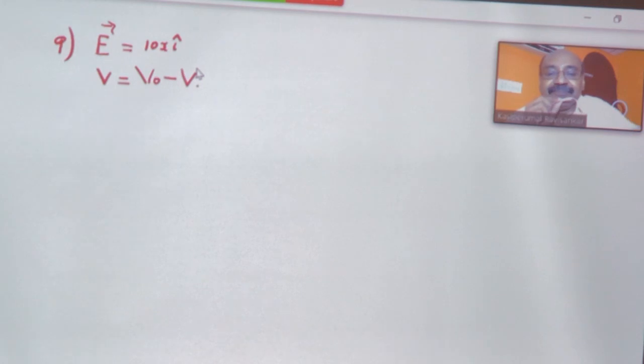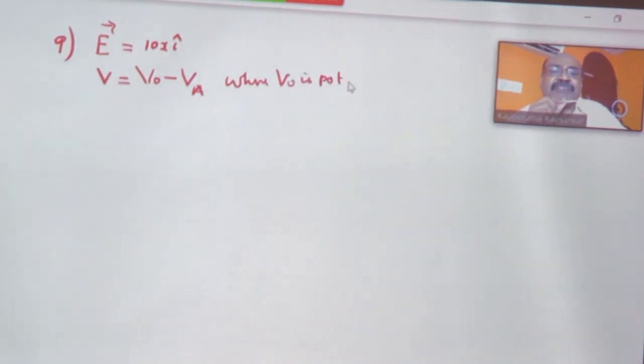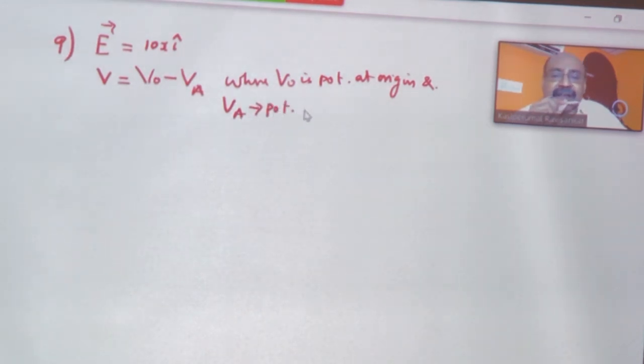Then the potential difference V is equal to V0 minus VA, where V0 is the potential at the origin, and VA is the potential at x is equal to 2 meter.